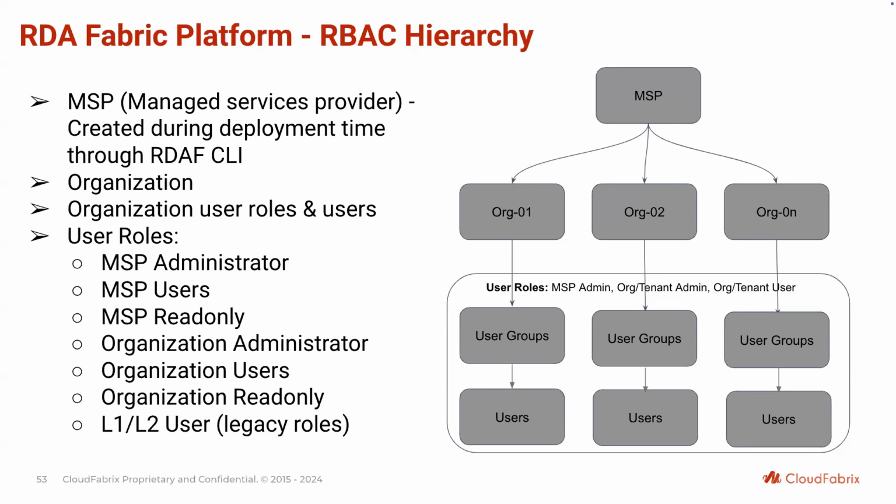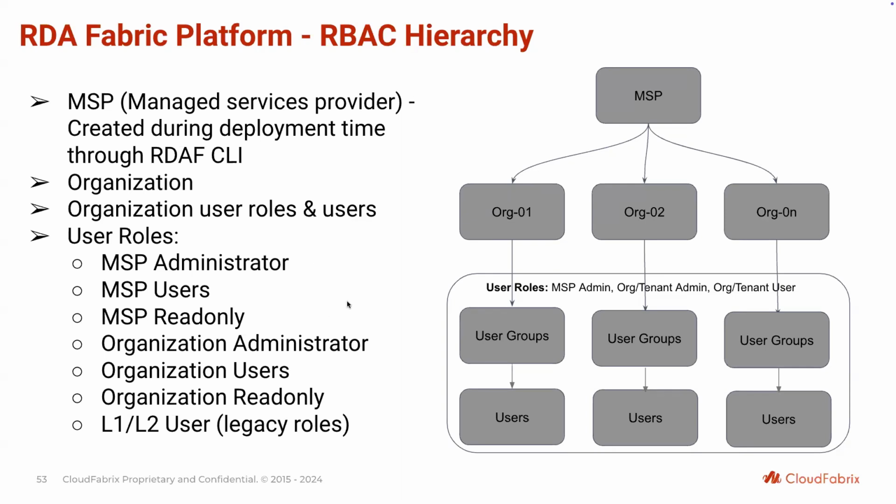Organization users, either org-level or tenant-level admins or tenant-level users, will have visibility only into the corresponding organization's resources. When users are part of these user groups, whatever roles and permissions are assigned to those user groups will be applicable to those users.